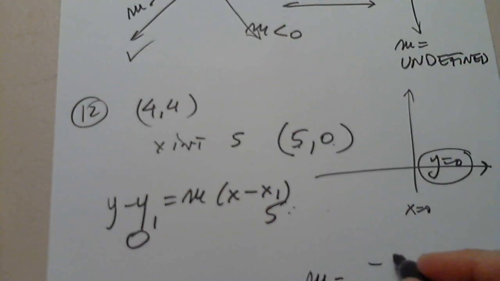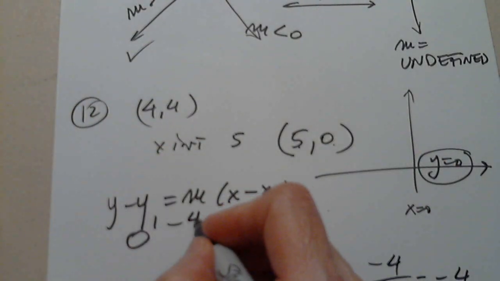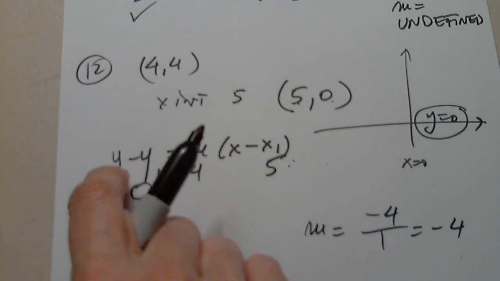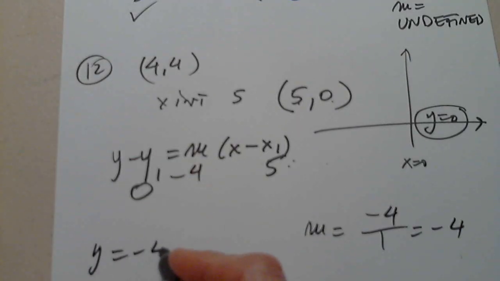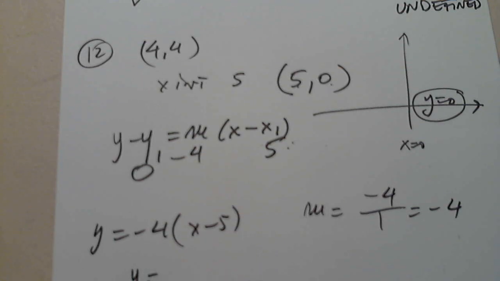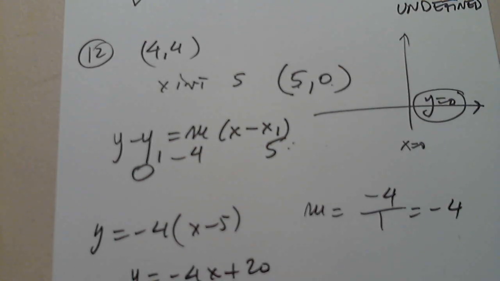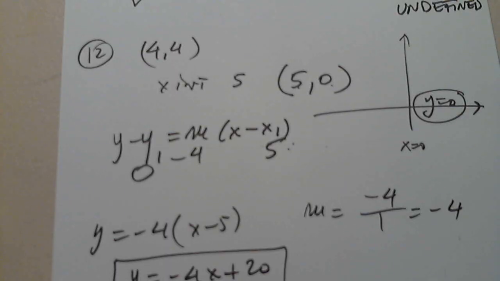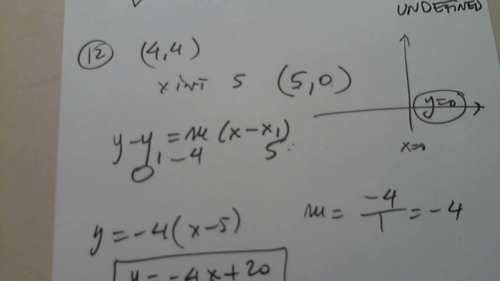0 minus 4 over 5 minus 4. Y minus 0 is just simply y, equals negative 4 times x minus 5. I have to distribute. Y equals negative 4x plus 20. And this is it. You are allowed to use notes.